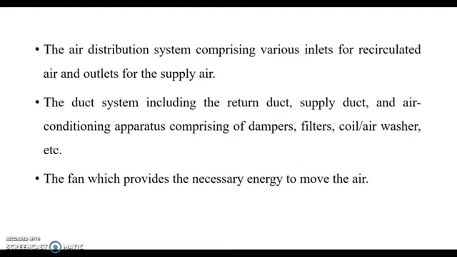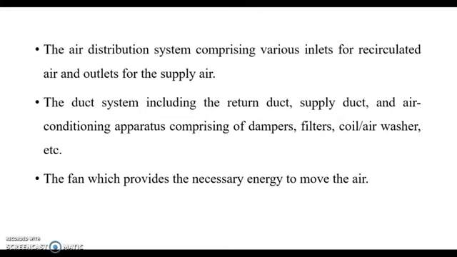First, the air handling system. The air handling system consists of the air distribution system, the duct system, and the fan. The air distribution system comprises inlets and outlets: the various inlets for recirculated air and outlets for supply air.